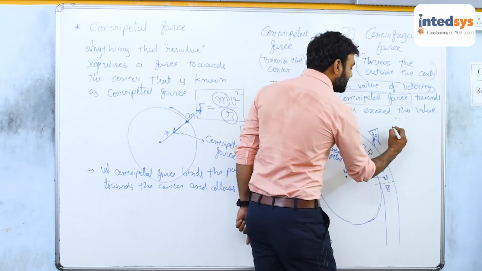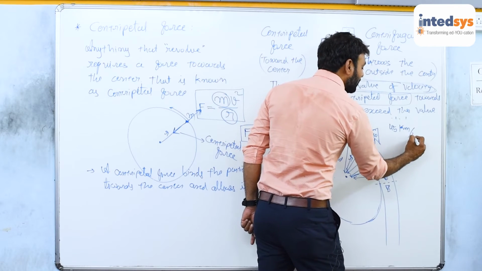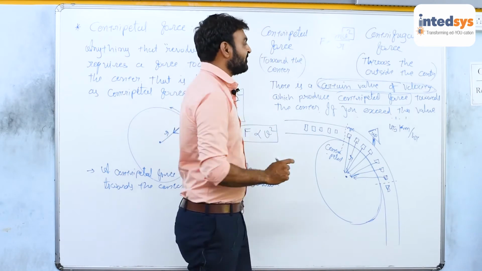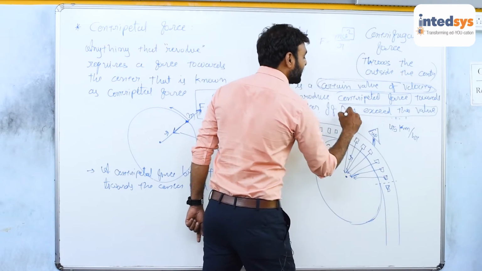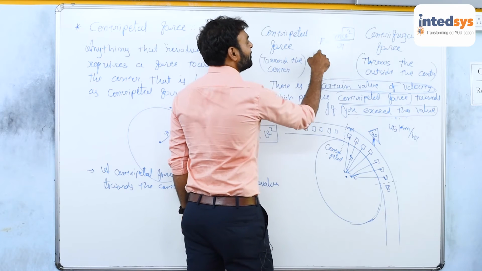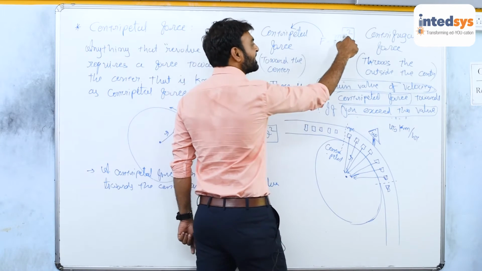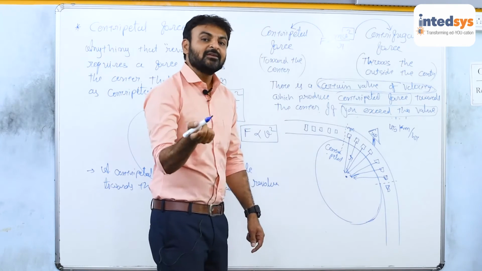If you exceed the value of 40 km per hour and start moving with 45 km per hour, then believe me, my friends, if you exceed the certain value of velocity, your force which was centripetal will now be converted into centrifugal.